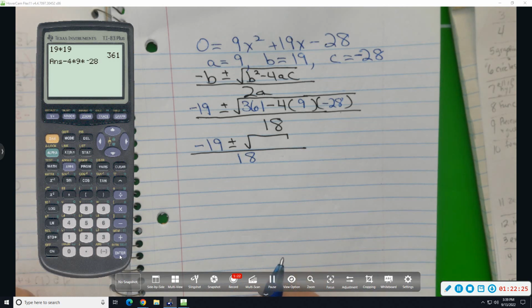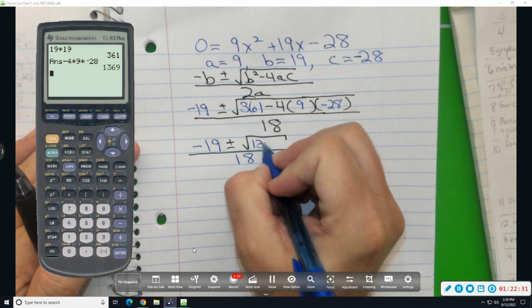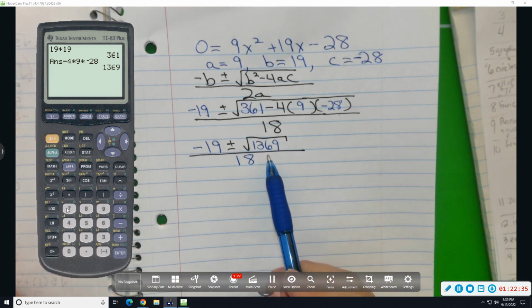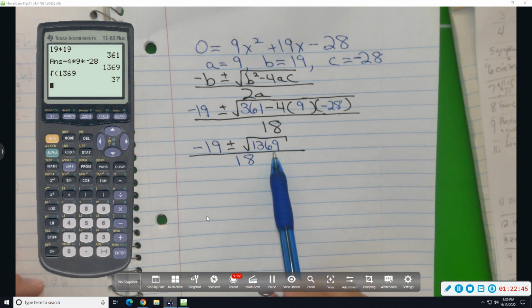Under that square root, we have 1369. And look at 1369. Don't panic. Take the square root of that number. 1369, a perfect square. Yes, sir. It's a 37. This didn't happen with the quadratic formula problems the last time.